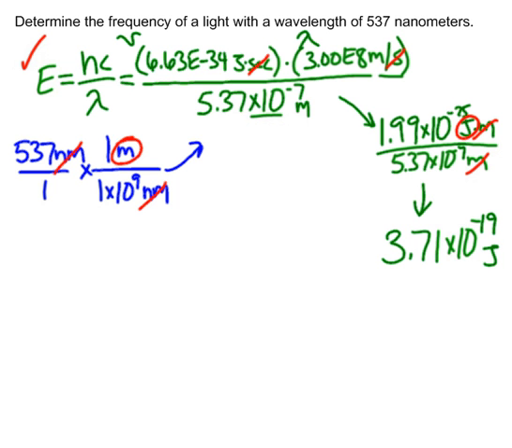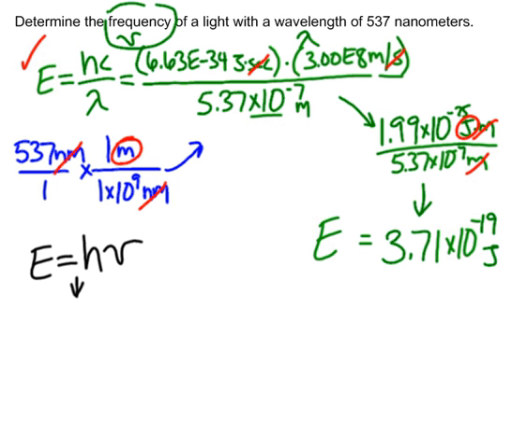Okay, now I'm going to take this value, this is my energy value, right? But I don't want energy, I want frequency, right? So, my frequency equation is energy is equal to h, Planck's constant, times the frequency, which I can rearrange to be frequency is equal to E over h.